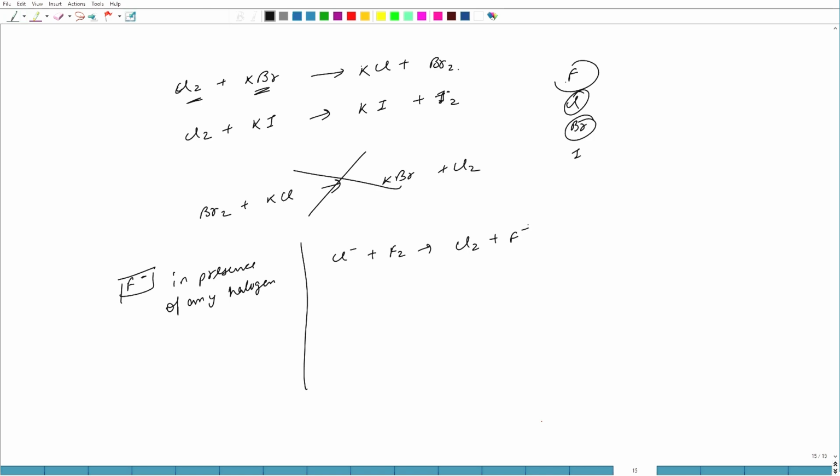So, only the chlorine will go into a 0 oxidation state in presence of fluorine, whereas bromine in presence of chlorine and fluorine will go into the 0 oxidation state.